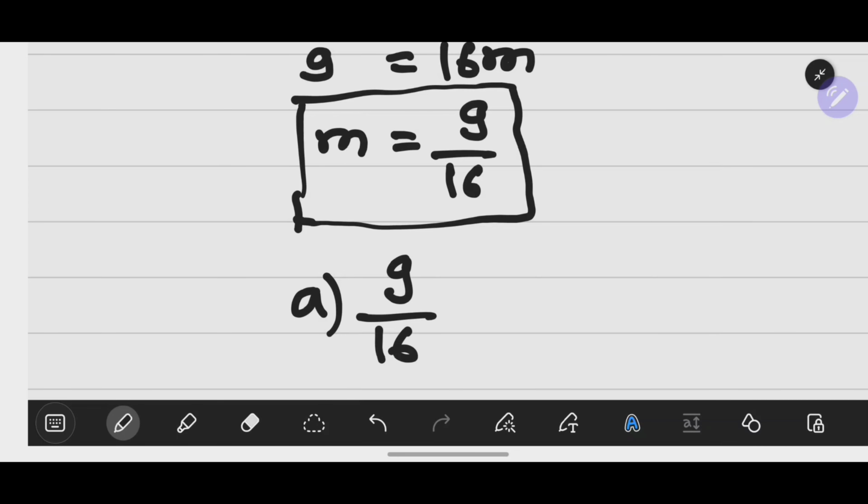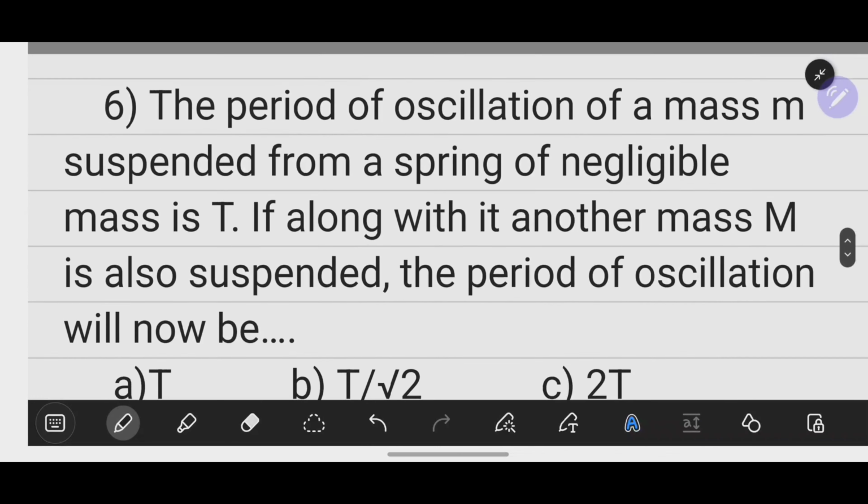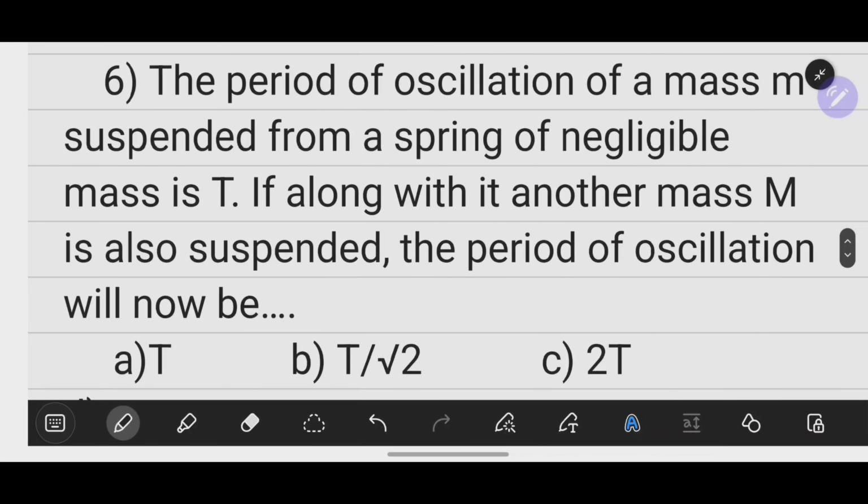What about the next? Let us solve the next MCQ, that is the 6th MCQ. Before solving, let us read it out. The time period of oscillation of a mass m suspended from a spring of negligible mass is t.